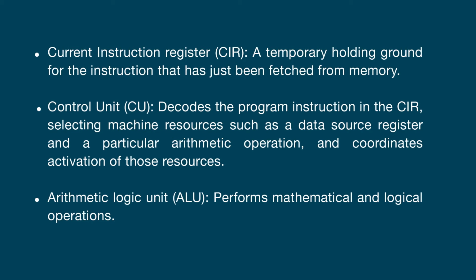Control unit or CU decodes the program instruction in the CIR, selecting machine resources such as a data source register and a particular arithmetic operation and coordinates activation of these resources. Arithmetic logic unit or ALU performs mathematical and logical operations.